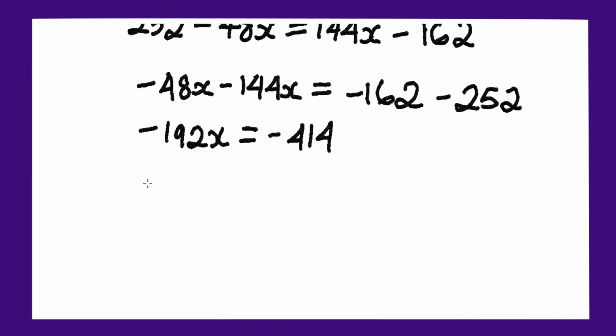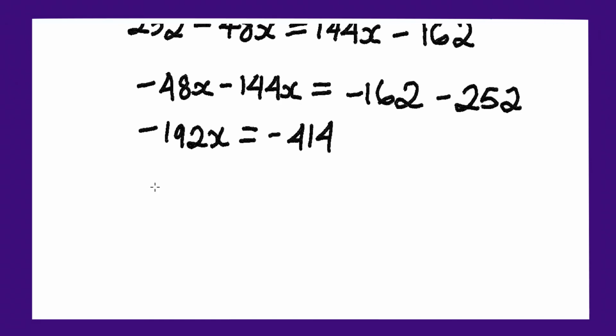Right, so in your final step, you need to recall some of the reverse operations that you would have done with our viewers in one of your previous episodes, where instead of multiplying, you divide, and the reverse of addition is subtraction. So here you have negative 192 times x is equal to negative 414. So how are we going to leave x alone on the left-hand side?